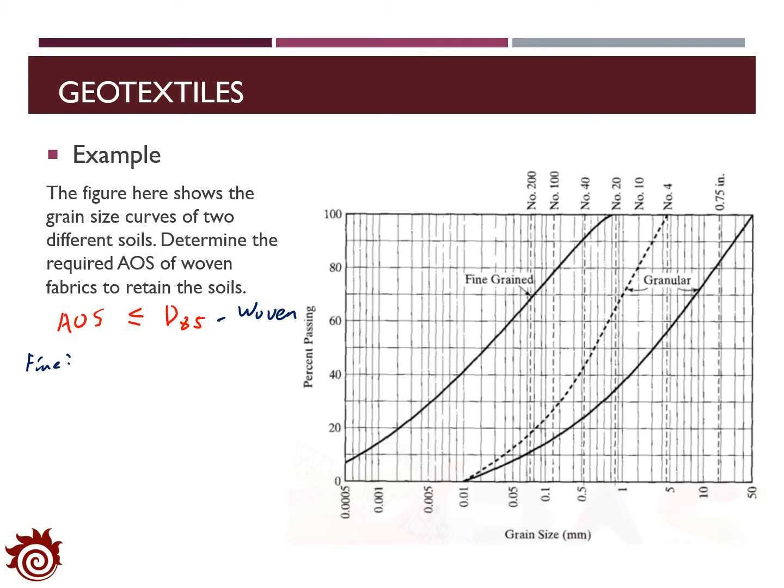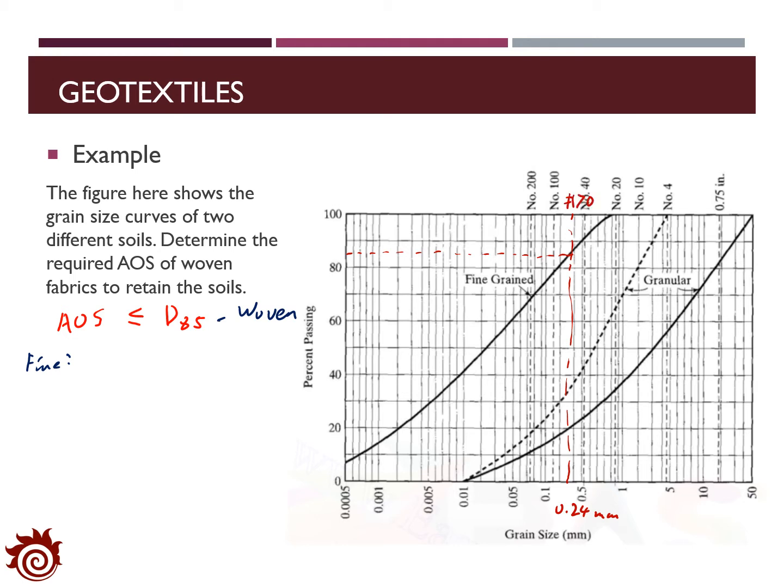And now we can check the fine-grained material. Here we need to determine the grain size at 85% passing. Then going to the grain size distribution, we can get the 85% passing with the size of almost 0.24 millimeter, which is equivalent to number 70 sieve.